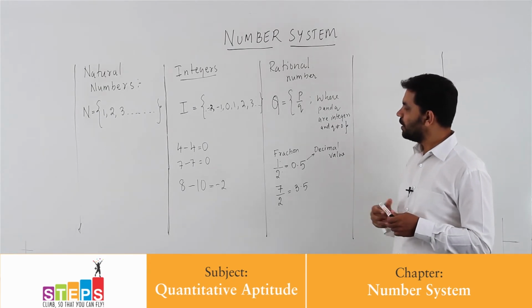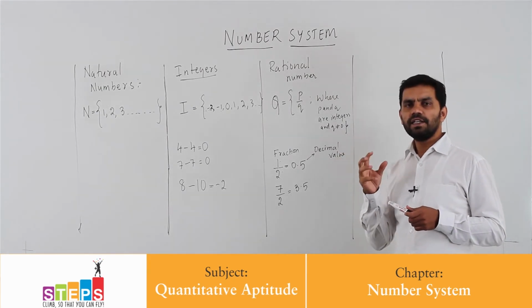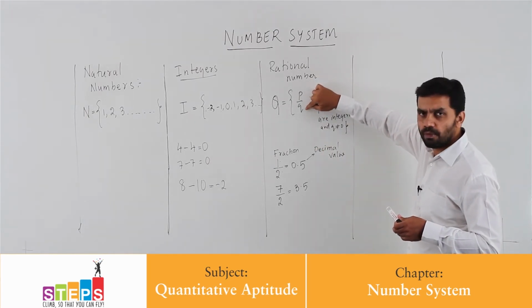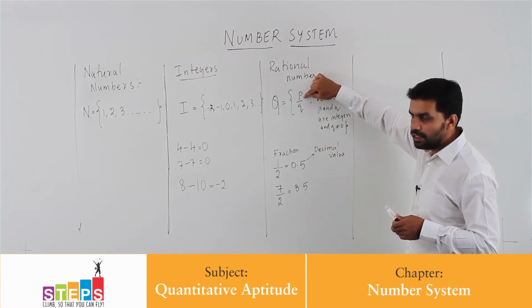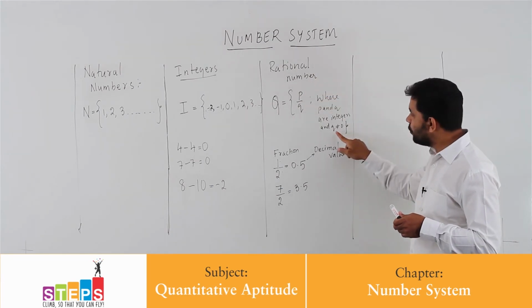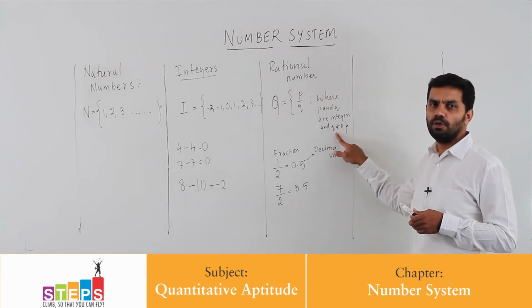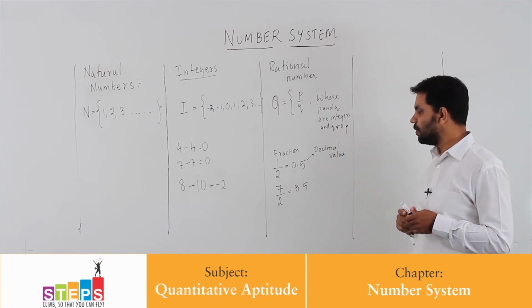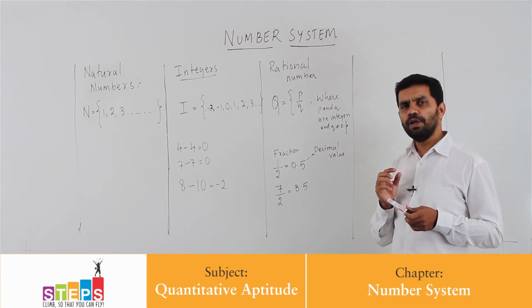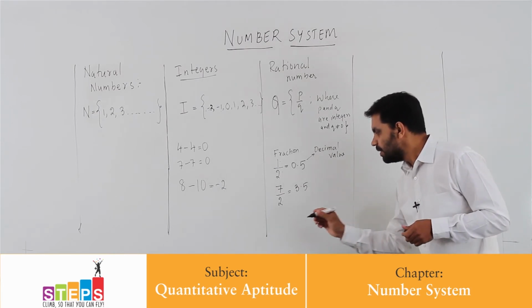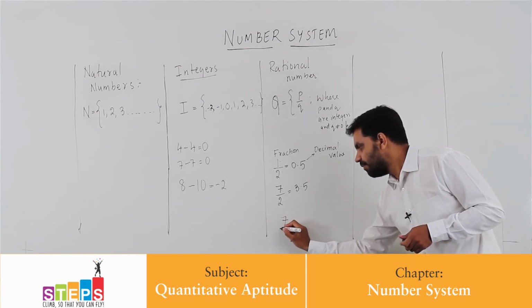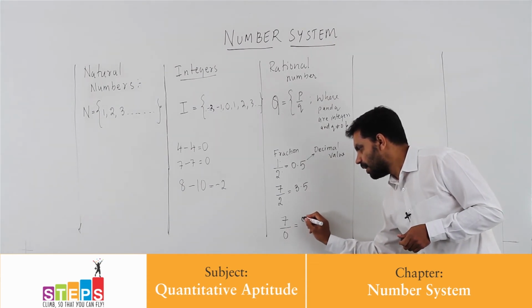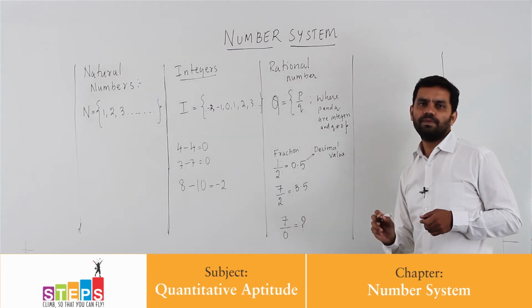One thing you have to understand about rationals: rationals are the numbers which are represented in P by Q format. P must be an integer, Q must be an integer, and Q should not be equal to 0. The most important thing to note here is Q should not be equal to 0. Now, why should Q not be equal to 0? Let us check that. A number divided by 0 leads to what?